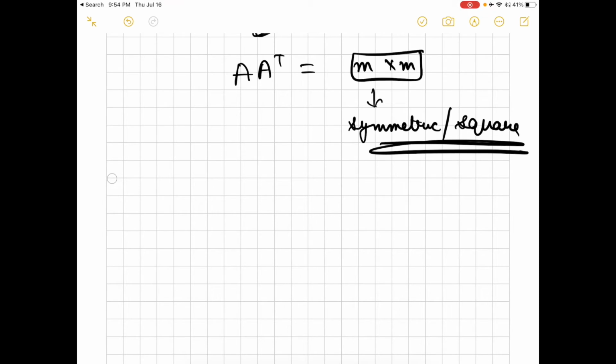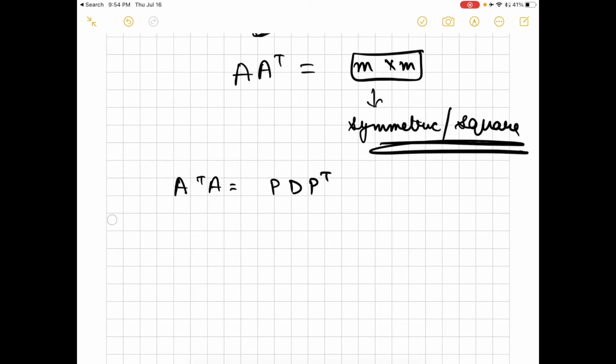So what we will do is take A transpose A, and we know that for A transpose A, we can always write this in the form P D P transpose.